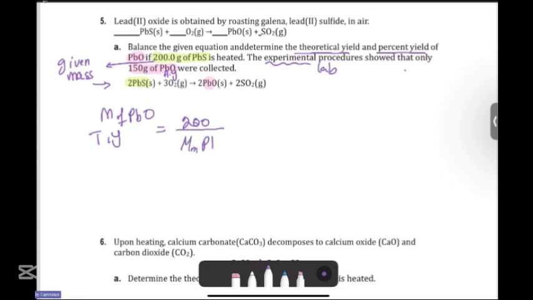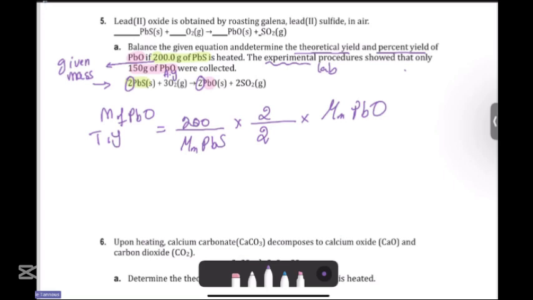Molar mass of PbS multiplied by the mole ratio product over reactant, 2 over 2, multiplied by the molar mass of PbO. Now, using the periodic table, just a minute, I'm going to get the molar mass of lead.